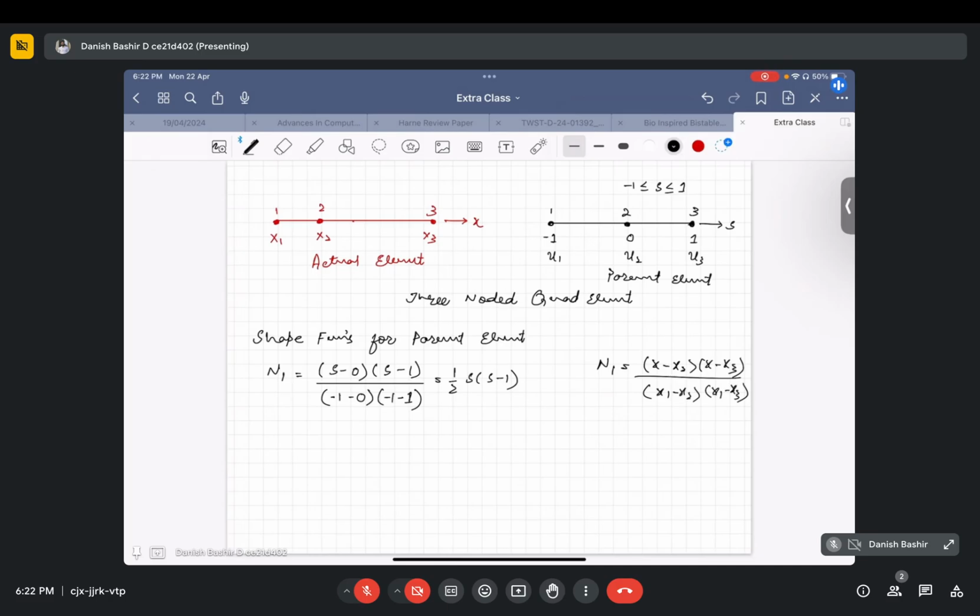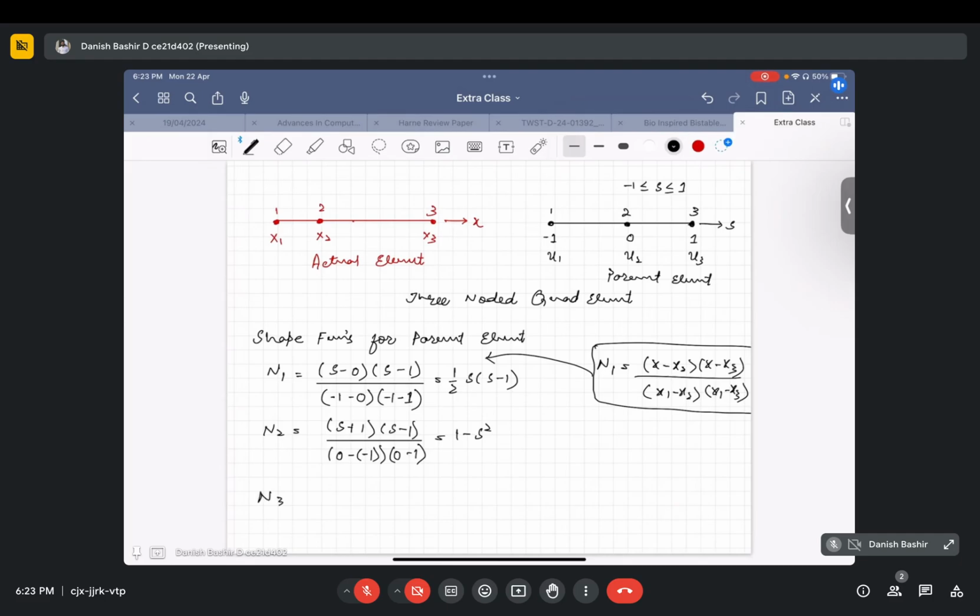It is the same thing here. Similarly, we can write N2 to be equal to (s plus 1)(s minus 1) upon, here x2 is 0, minus x1 is -1, times 0 minus 1. It will be 1 minus s squared.